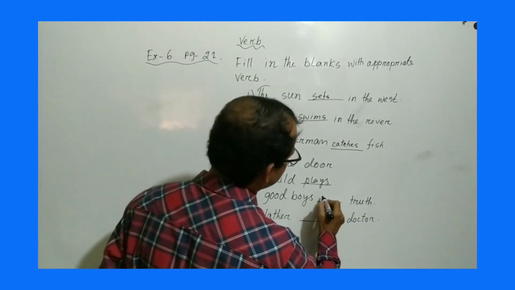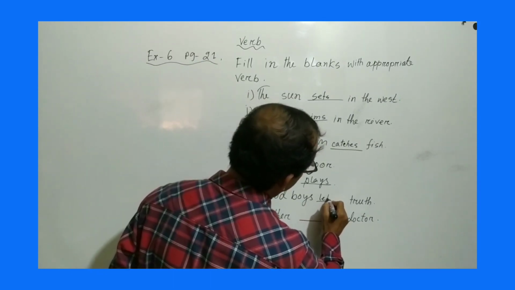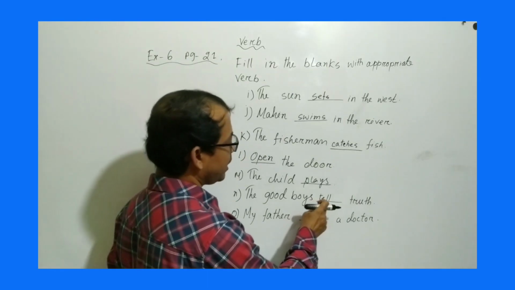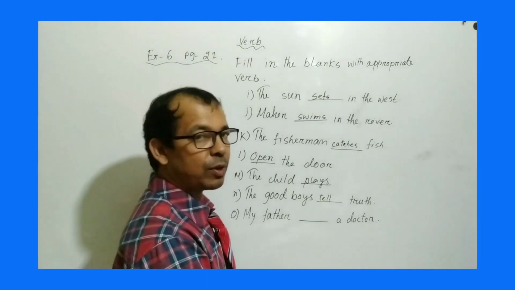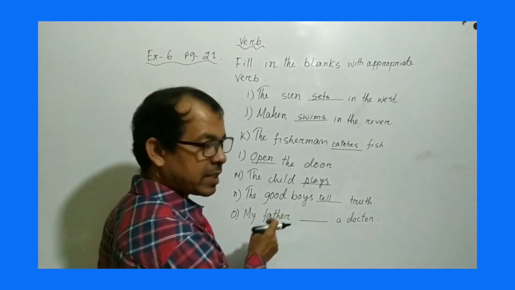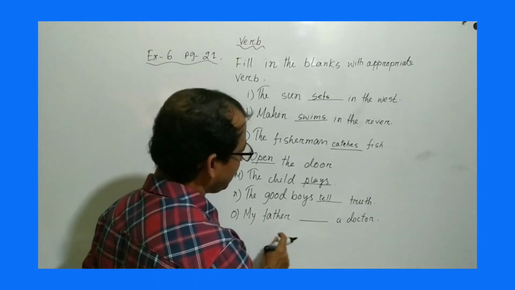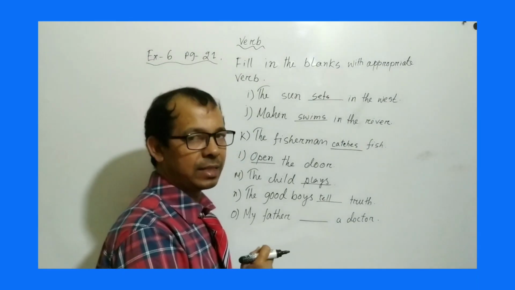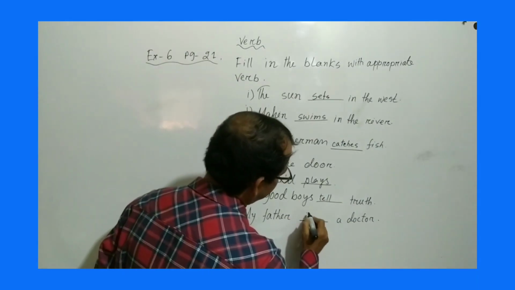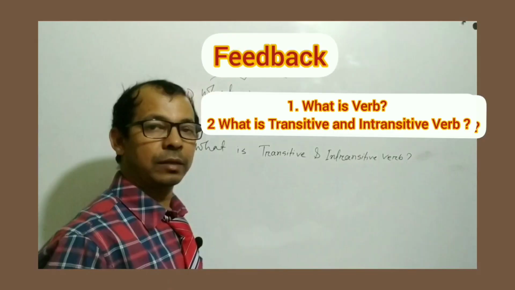Yes, the good boys tell the truth, T-E-L-L, tell the truth. My dear student, here s or es will not be used because the subject is third person plural number. My father dash a doctor. What verb can you write here? My father is a doctor.